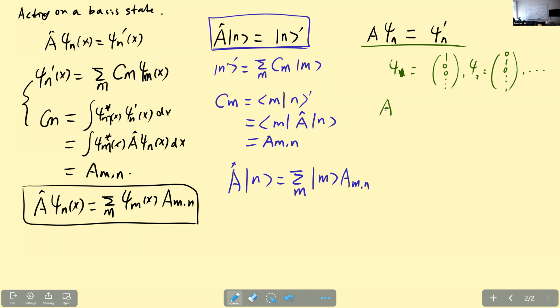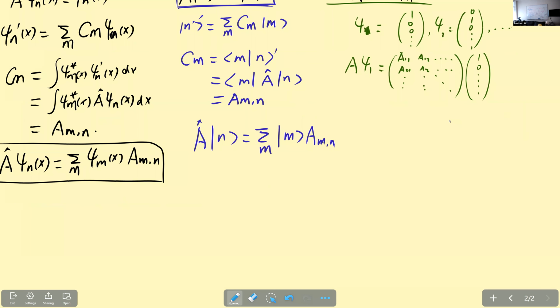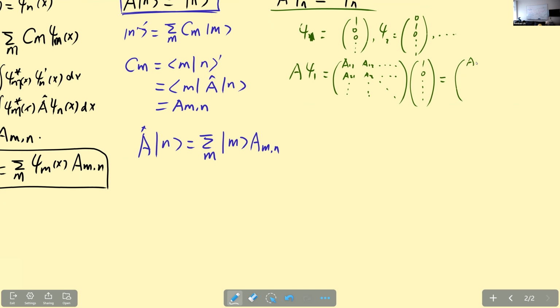First of all, A psi_1, for example, equals the matrix A11, A12, A21, A22, times, for example, (1, 0), right? That's psi_1. By linear algebra, you know that this one is nothing but just the first column of the A matrix.